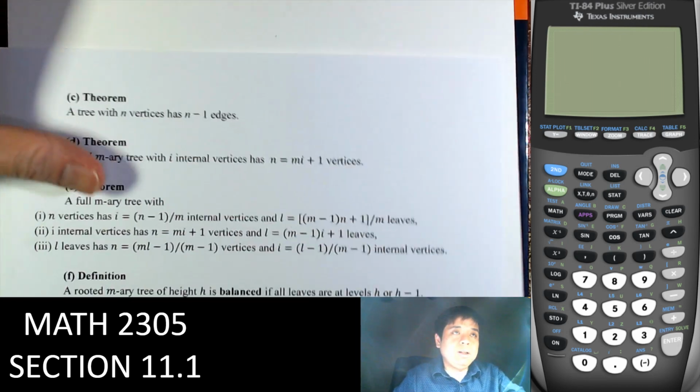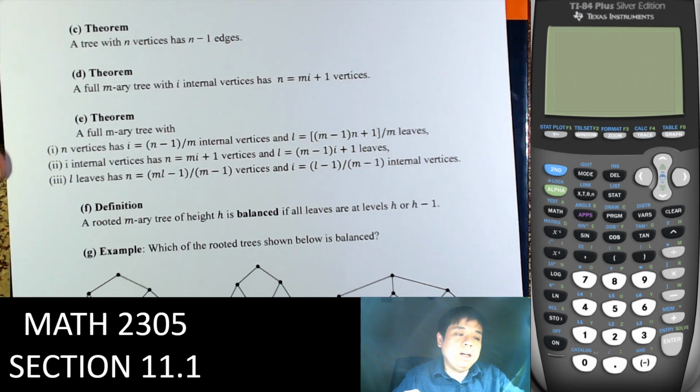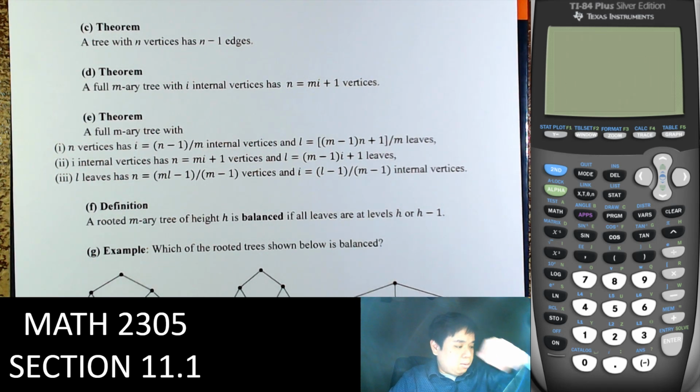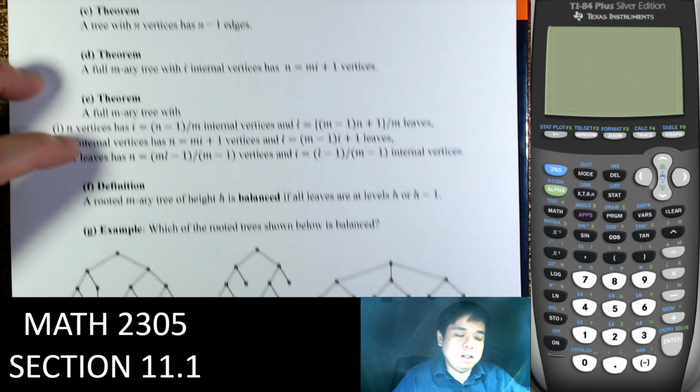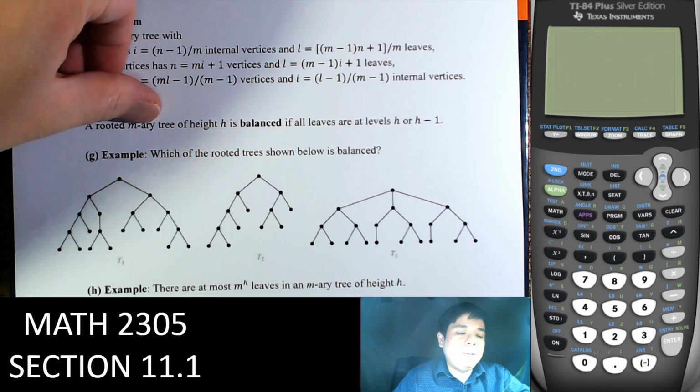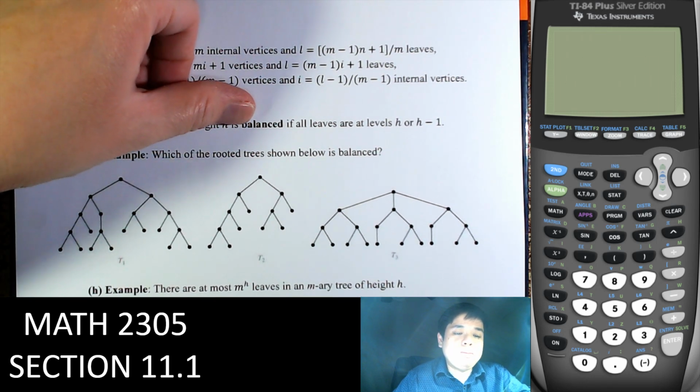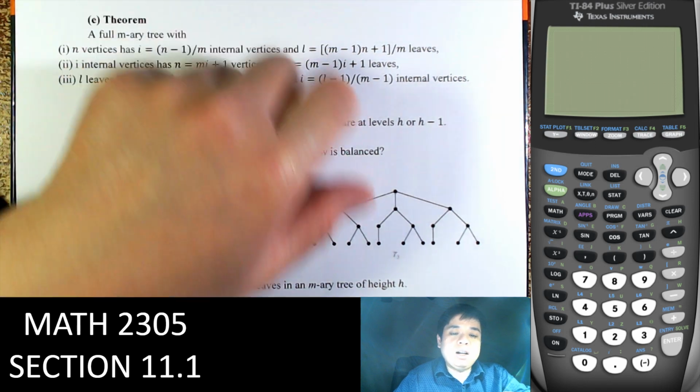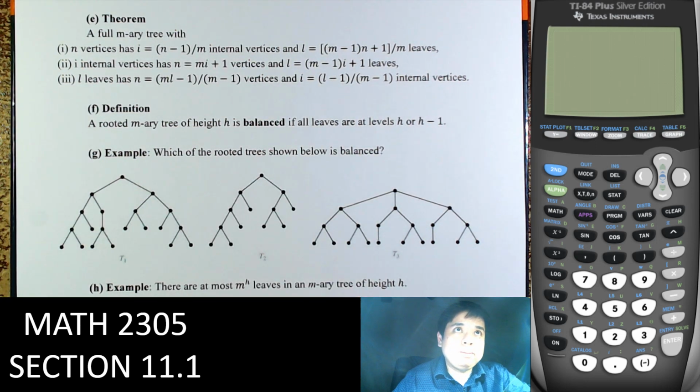And we have some more theorems. A tree with n vertices has n minus 1 edges. A full m-ary tree with i internal vertices has a certain number of vertices. Then we define that an m-ary tree of height h is balanced if all the leaves are at level h or h minus 1.